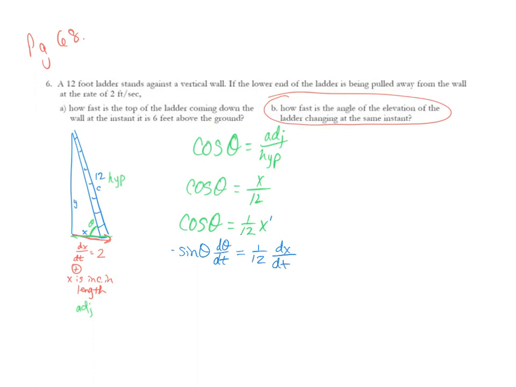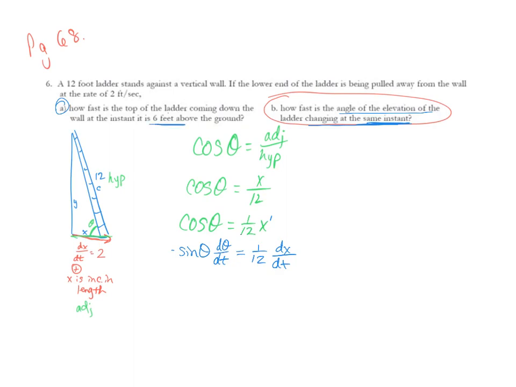While I go through this, let's think about what else we know. Now, something that it says in the problem is, how fast is the angle of elevation of the ladder changing at the same instant? Meaning, the same instant as part A. Well, let's look back at what was happening in part A. In part A, how fast is the ladder coming down the wall at the instant it is 6 feet above the ground?